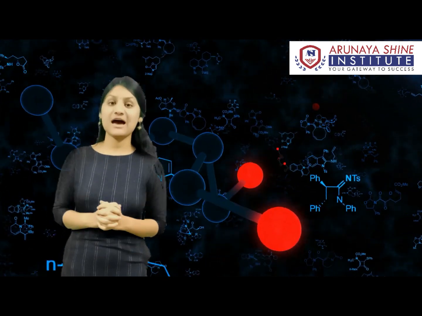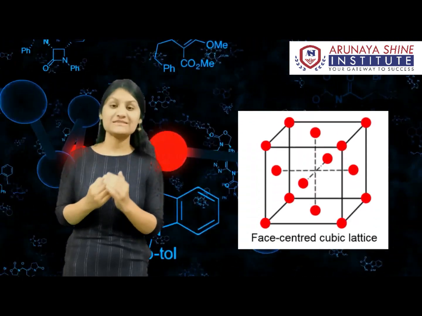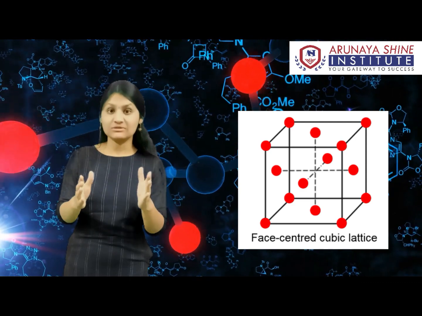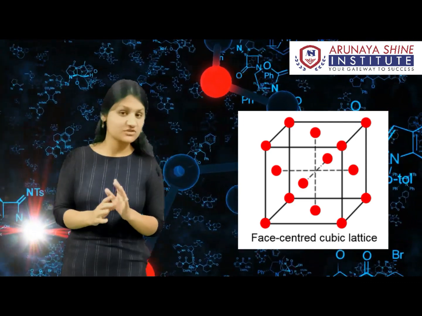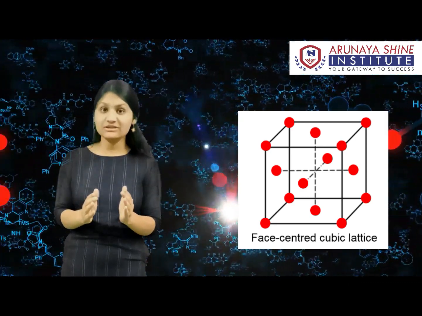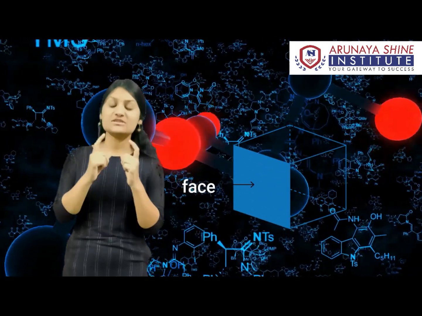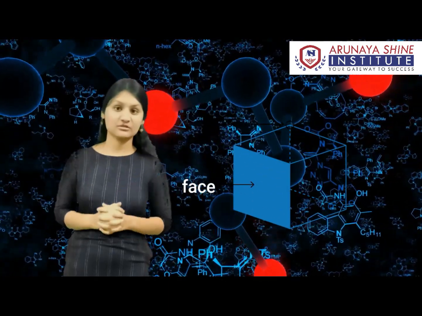Next example we have is FCC, the second type, which is face-centered cubic, in which in a cube the atoms are at the corners, which is obvious. Along with that, there are 6 faces, and each face has 1 atom at the center.